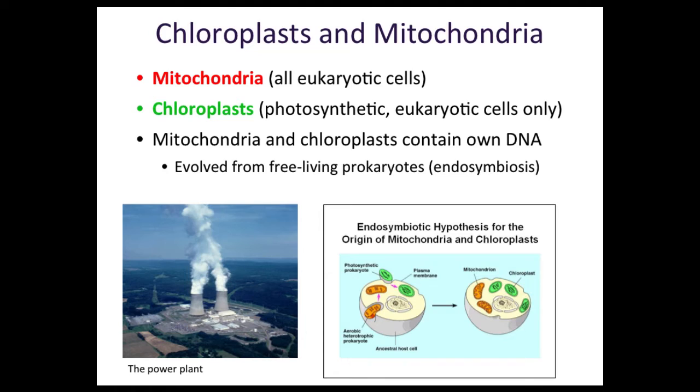That is to say, an ancestral host cell over time, which is to say billions of years, took in these ancestral photosynthetic prokaryotic cells and these ancestral aerobic heterotrophic prokaryotic cells, and over time included the directions in its genetic code to build these organelles. And we're going to talk more about endosymbiosis when we do our microorganisms lecture later on in the semester.